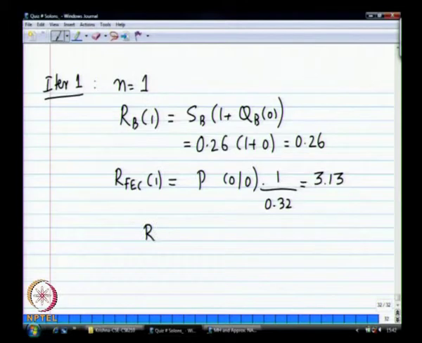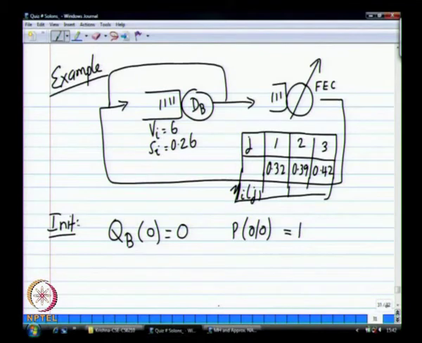Then you recompute R. Oh yeah, another input is V: here your V FEC equals 1, only one visit to that.